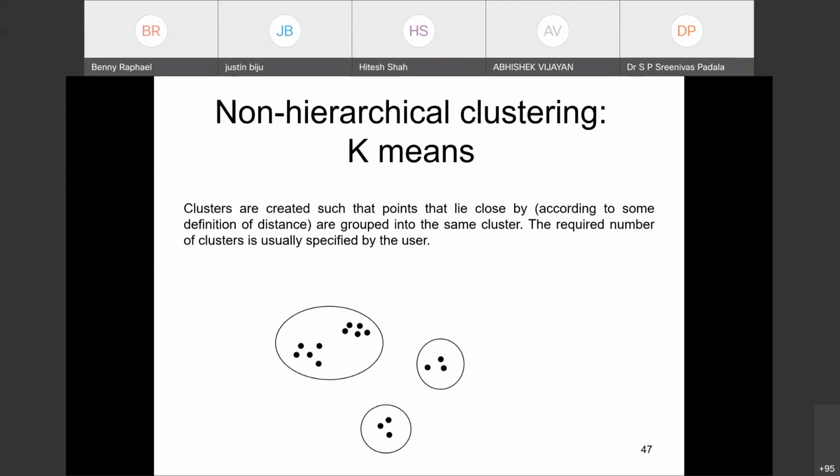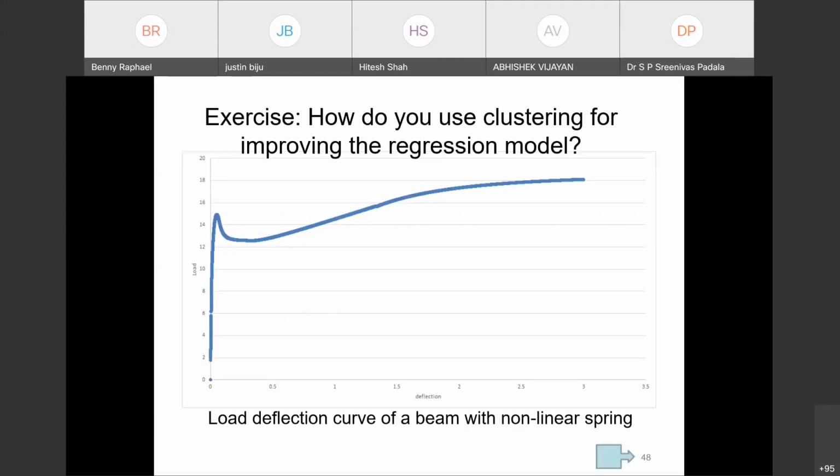So in non-hierarchical clustering, for example, in k-means clustering, we start with a fixed number of clusters. This is specified a priori. So the user says, I want to find out 3 clusters in the data. So you randomly associate points to 3 clusters.